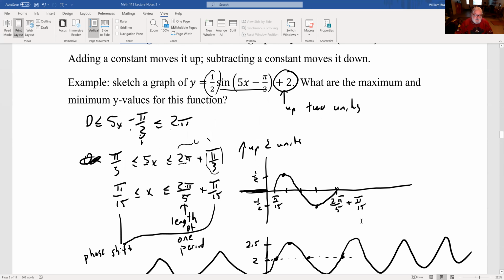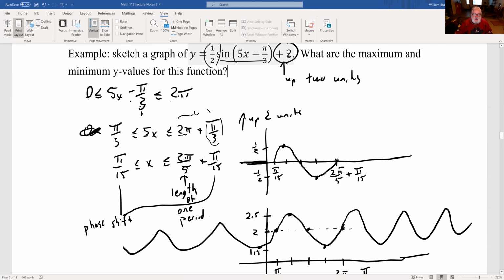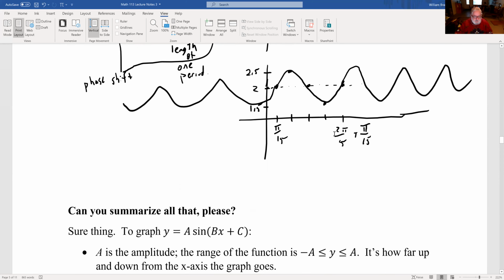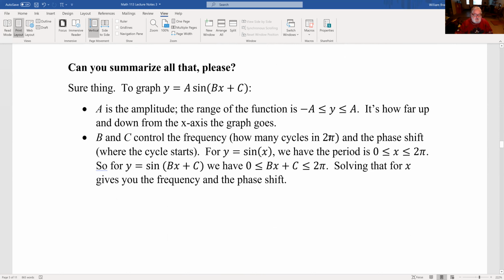Great. And so that gives us what adding a constant does. If we subtracted a 2, it would push it down 2 units. So to summarize all of that, how to graph y equals a sine bx plus c. A is the amplitude, right? And that's up and down from the x-axis. So the range of the function is from minus a to a.